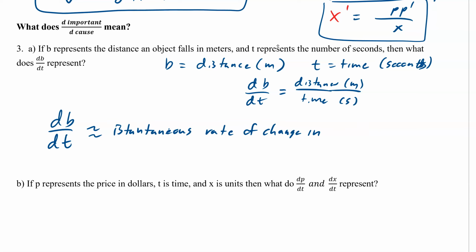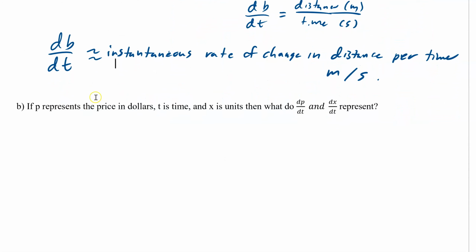We'll put distance to keep it similar. Distance per time, and those units are meters per second. So it's our instantaneous rate of change in the distance per time. So it's basically the speed our object is falling.